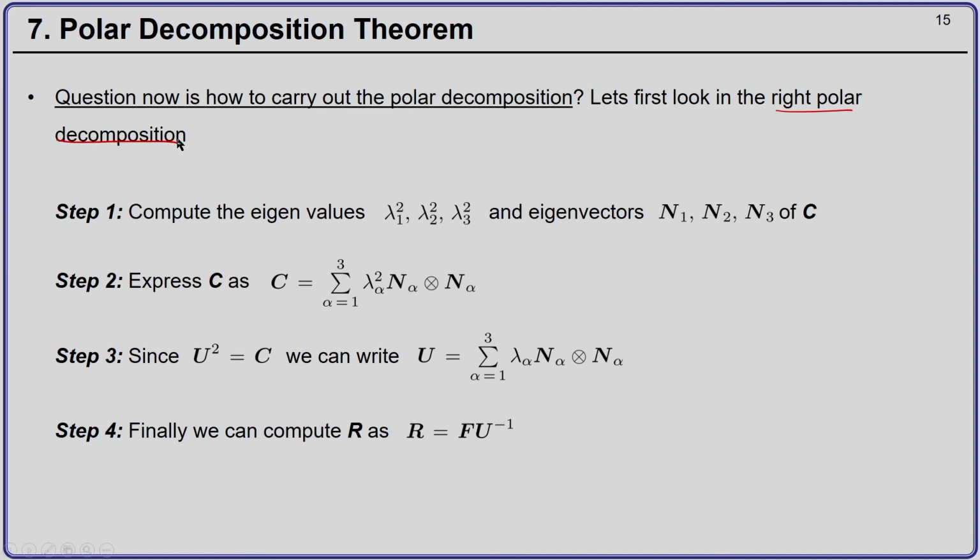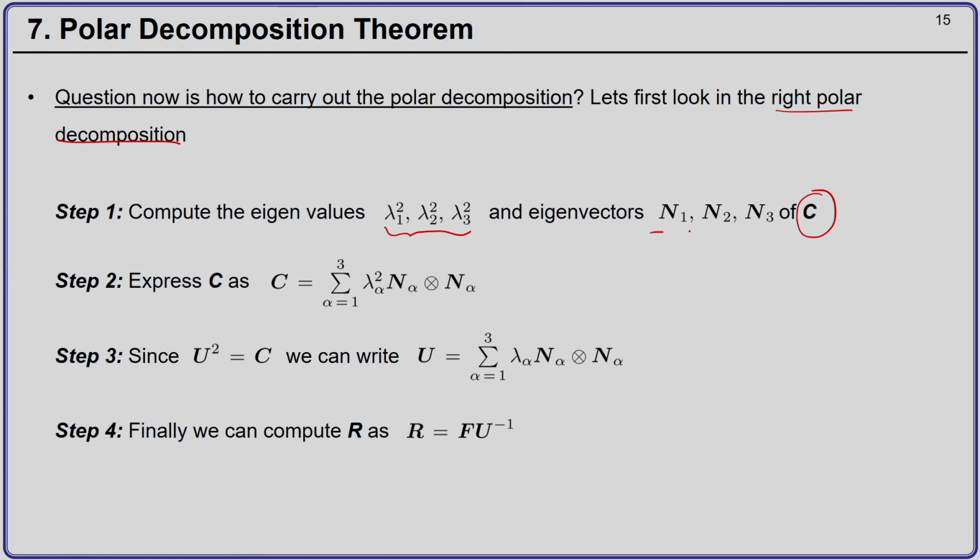The first step is, let us say we solve the eigenvalue problem, where we find the eigenvalues and eigenvectors of the right Cauchy-Green tensor C. So, let lambda 1 square, lambda 2 square, lambda 3 square be the 3 eigenvalues of C. Remember, we have not written lambda 1, lambda 2, lambda 3, but rather lambda 1 square, lambda 2 square and lambda 3 square.